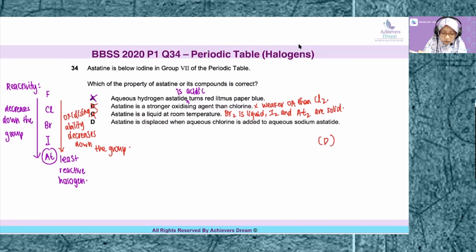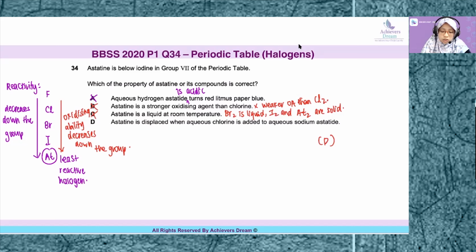So why is it the correct answer? Astatine is displaced when aqueous chlorine is added to aqueous sodium acetate. This makes sense because it is similar to the metal reactivity series. However, this time around, it is about halogen displacement reaction.